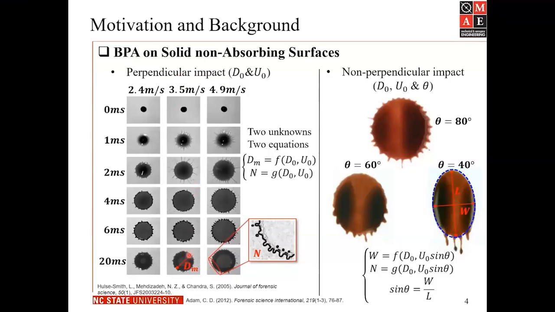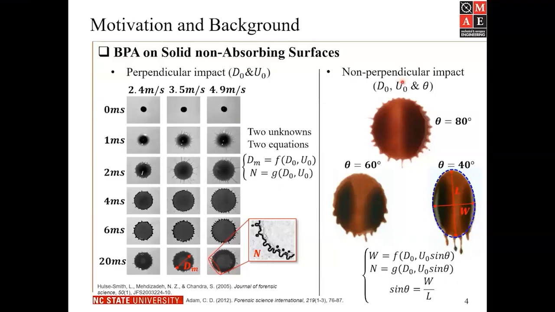We can measure the final stain area, the diameter, as well as the number of fingers formed, because for most conditions we form fingers because of the instability at the edge of the stain. Based on these two measured parameters, we can establish a connection with the initial diameter and the velocity. So basically, we have two equations and two unknowns, and the problem can be solved.